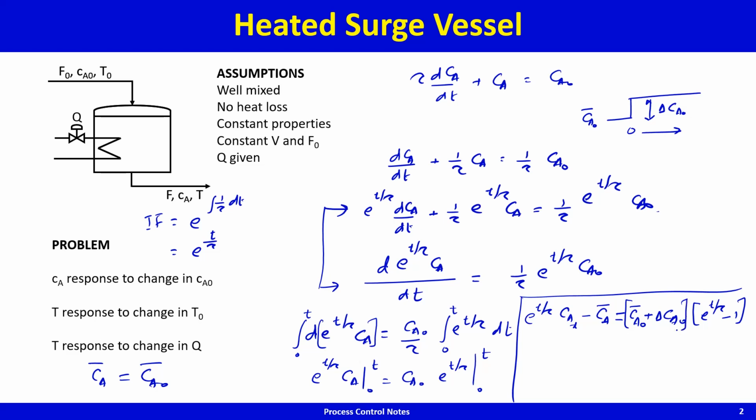One can see that if you divide by e to the power t by tau, then this cancels, and you'll say that Ca at time t is equal to Ca naught at the initial steady state plus delta Ca naught into 1 minus e to the power minus t by tau.